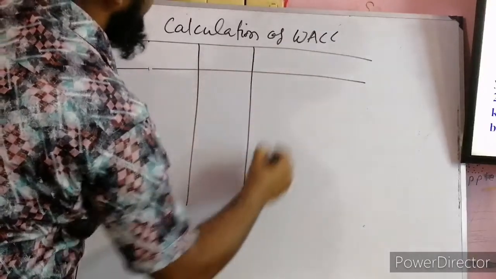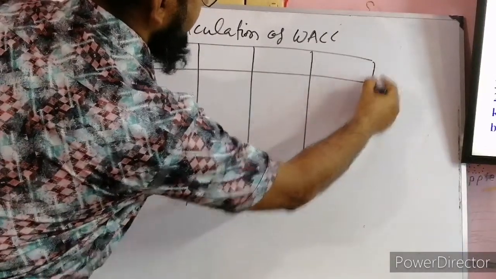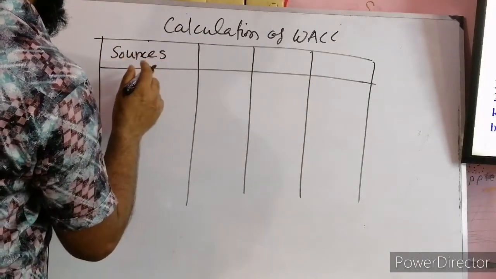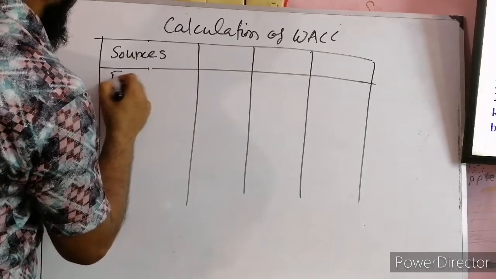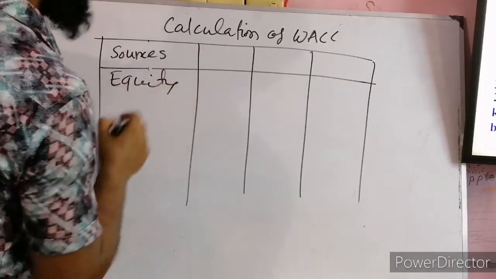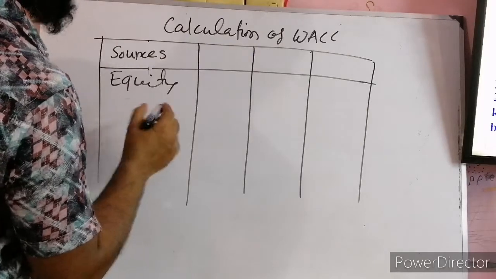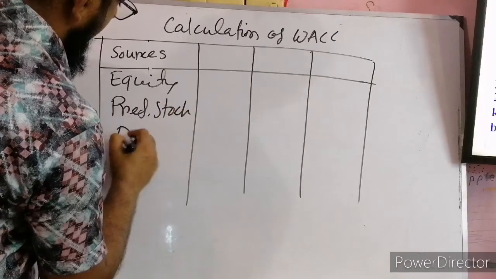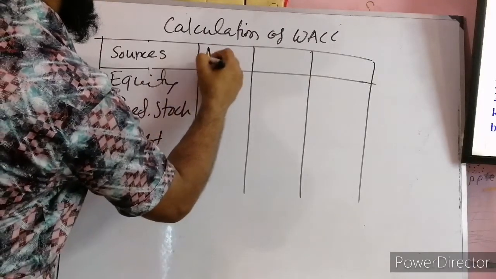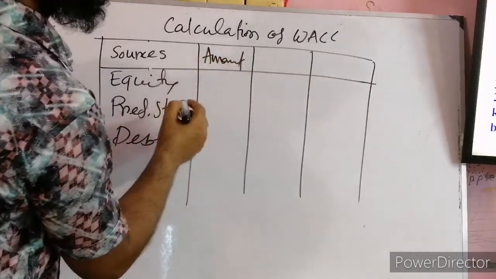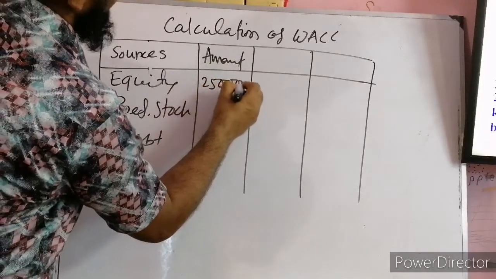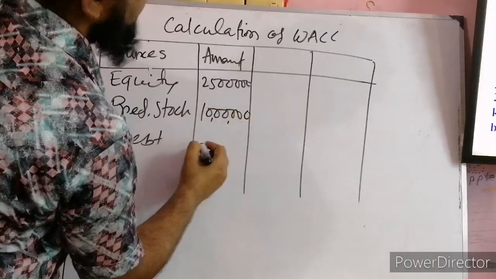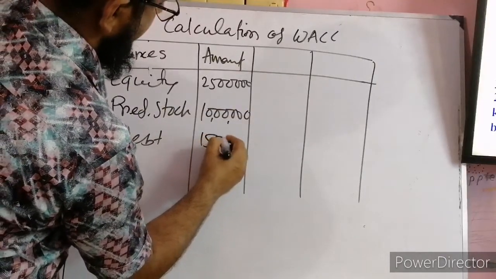Sources, amount, cost rate, cost taka. Sources: equity, I am writing in short, preferred stock and debt. Amount is 25 lakh, 10 lakh and 15 lakh.